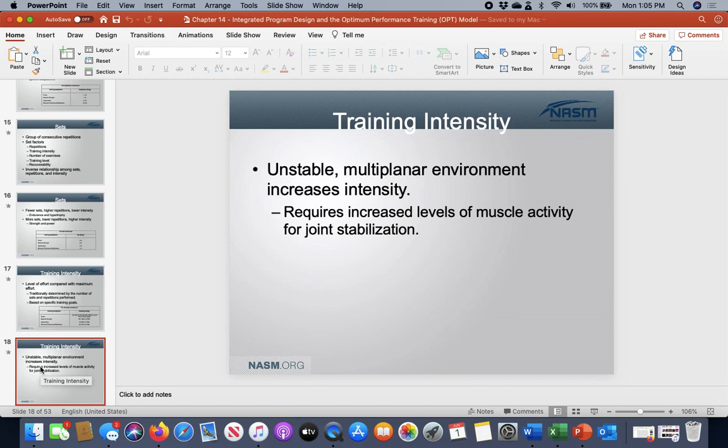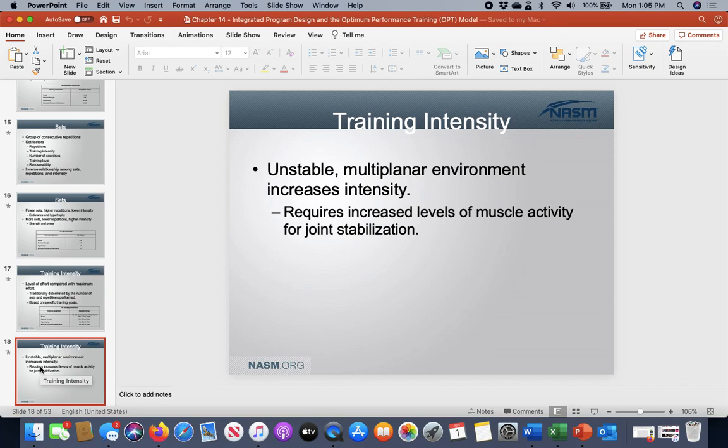So you have to think critically: do I want more joint stabilization, or do I want more stability through increased strength? Okay, there's a difference to that. That's why I sometimes cringe when I look at elite level athletes doing things on unstable surfaces.